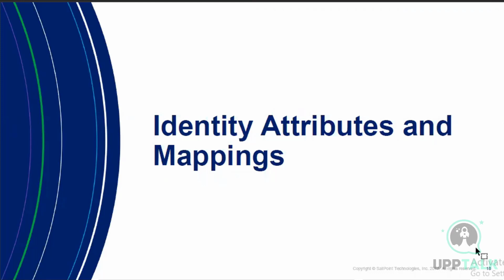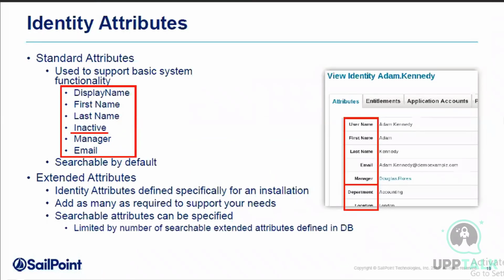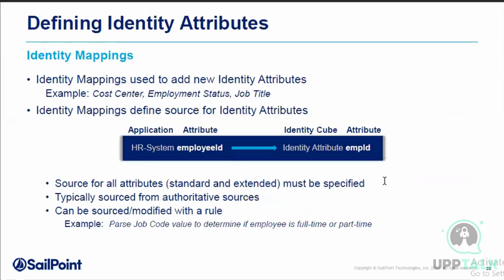So how it goes is, you can see here, these are all the default attributes, whichever are marked in red. The ones below the line are the extended attributes. Once you have done the aggregation, you will see only the username, but not the remaining attributes. The remaining attributes we need to map manually for the authoritative application.